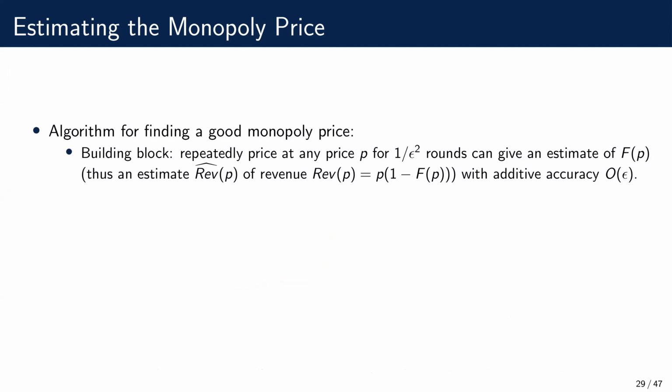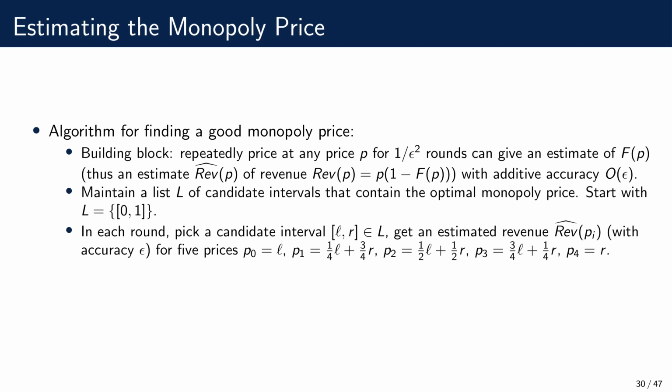So now we state the algorithm for finding the good monopoly price. The algorithm is based on the first building block that we mentioned: repeatedly pricing at any price for 1 over epsilon square steps can give an estimate of the quantile of the price with additive epsilon error. So it can also give an estimate of the revenue with epsilon error. Given this, we can perform the search algorithm as follows.